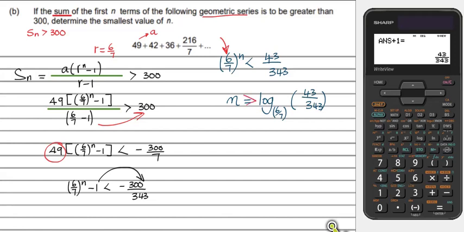It must say greater. All right, it must say greater there. So I just need to do all the calculations that I need. So we are going to have n is greater than.